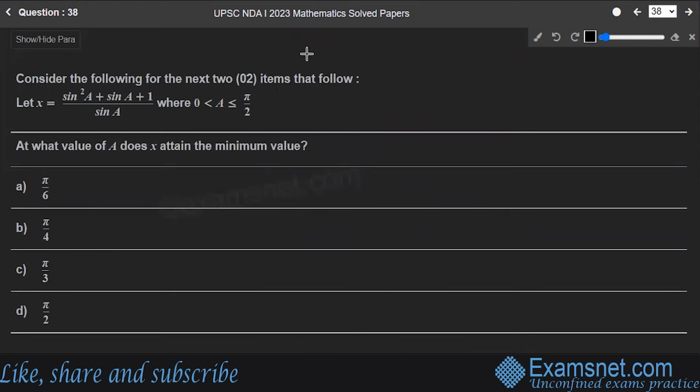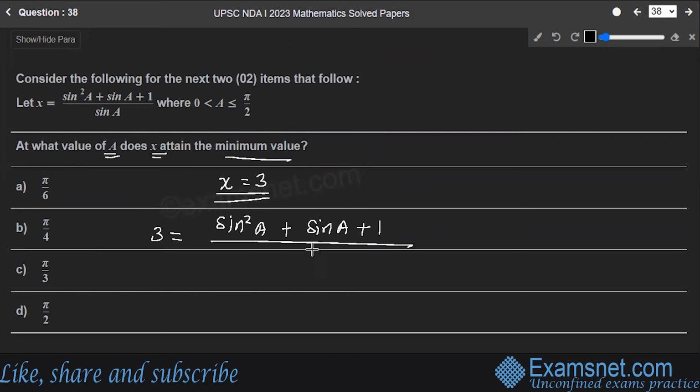Same statement is there. Now it says, at what value of A does x attain the minimum value? In the previous question, we solved that the minimum possible value for x was equal to 3. So 3 is equal to (sin²A + sin A + 1) upon sin A, which gives 3 sin A is equal to sin²A + sin A + 1.